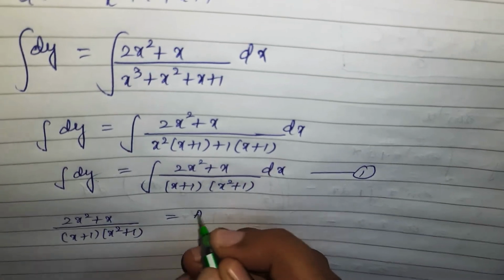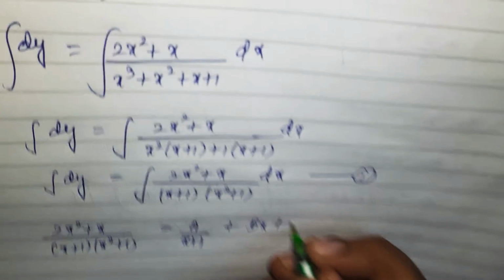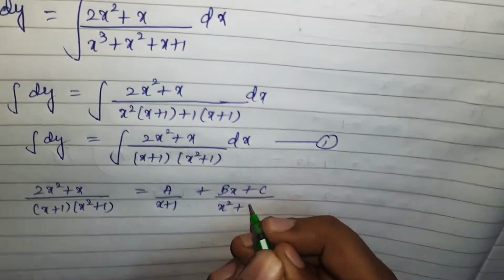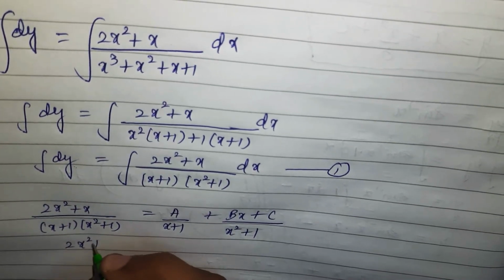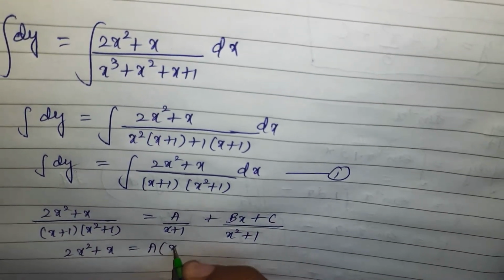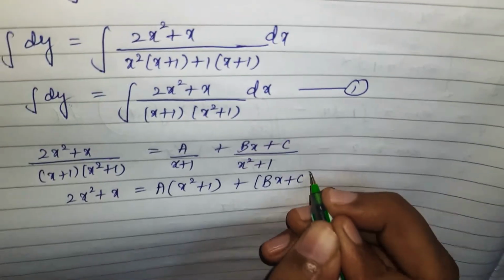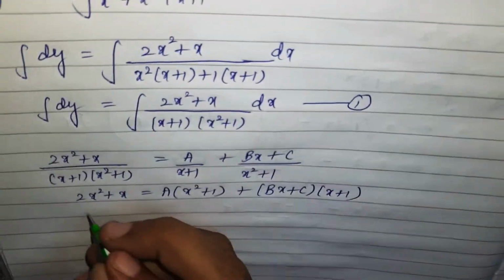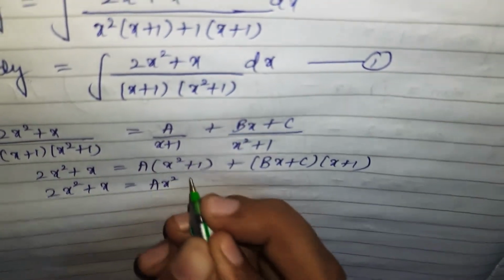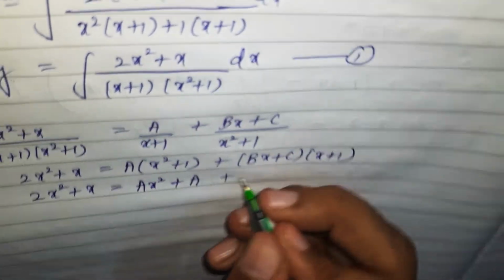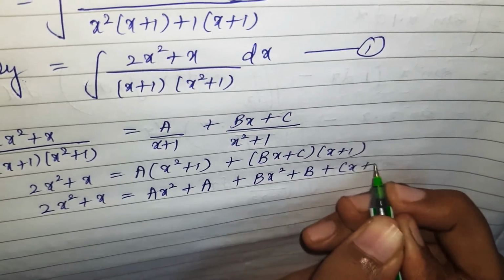Consider 2x square plus x upon x plus 1 into x square plus 1. It can be written as a upon x plus 1, plus bx plus c upon x square plus 1. After taking the LCM, the denominators cancel out: 2x square plus x equals a into x square plus 1 plus bx plus c into x plus 1. Expanding, 2x square plus x equals ax square plus a plus bx square plus b plus cx plus c.